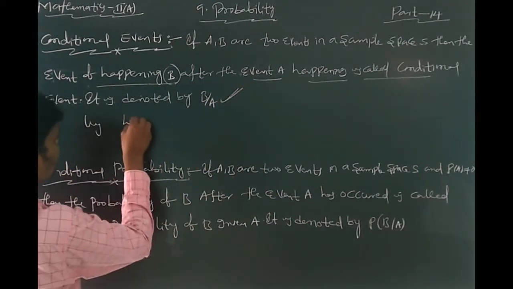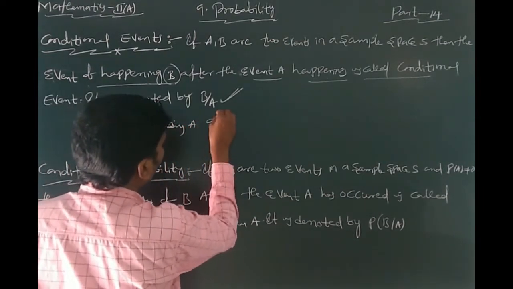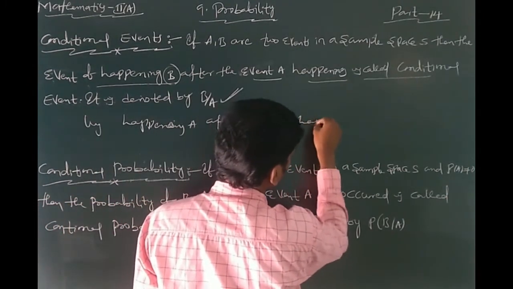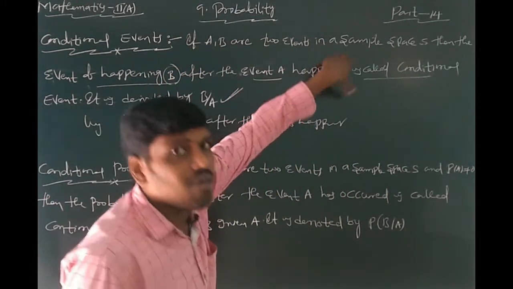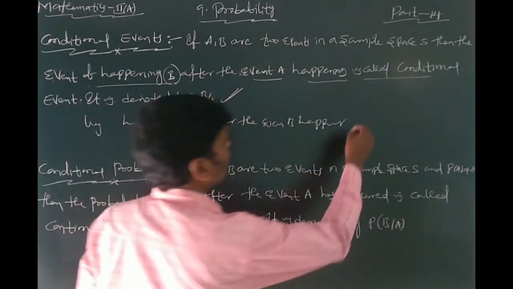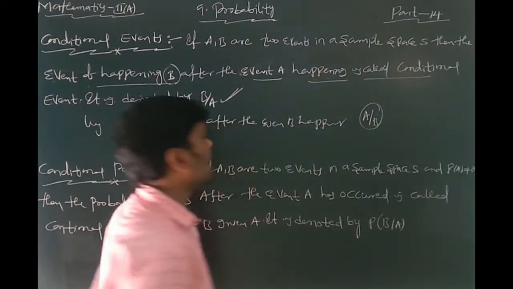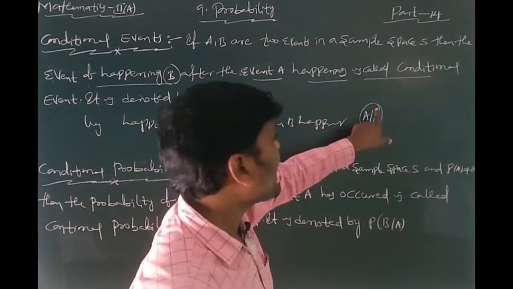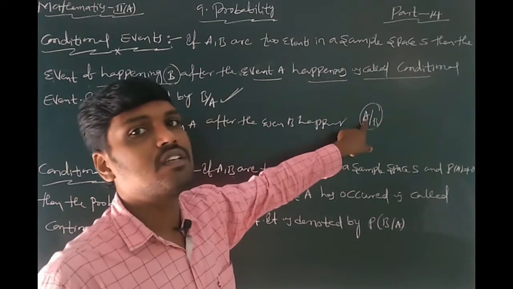Similarly, the event A happening after the event B happening is also a conditional event, and that is denoted by A by B. In this A by B, first B happens, after that A happens.